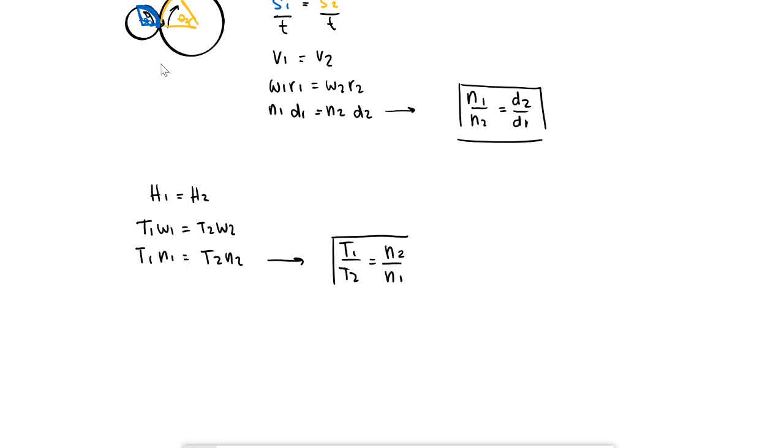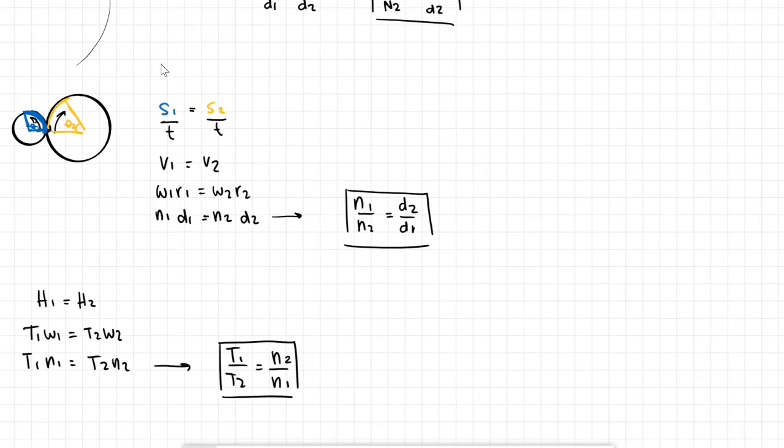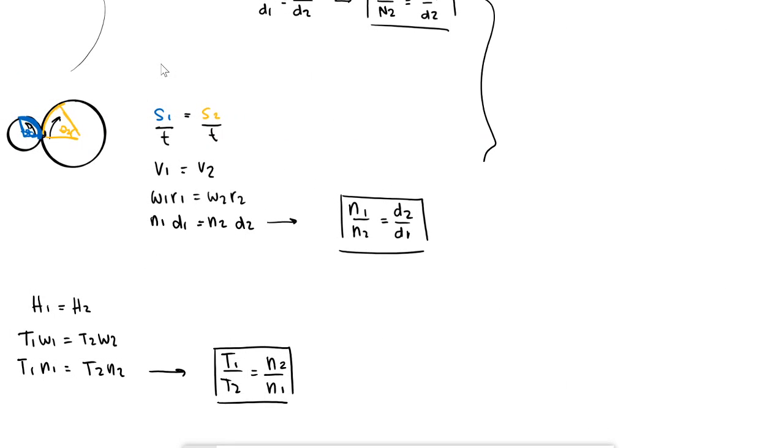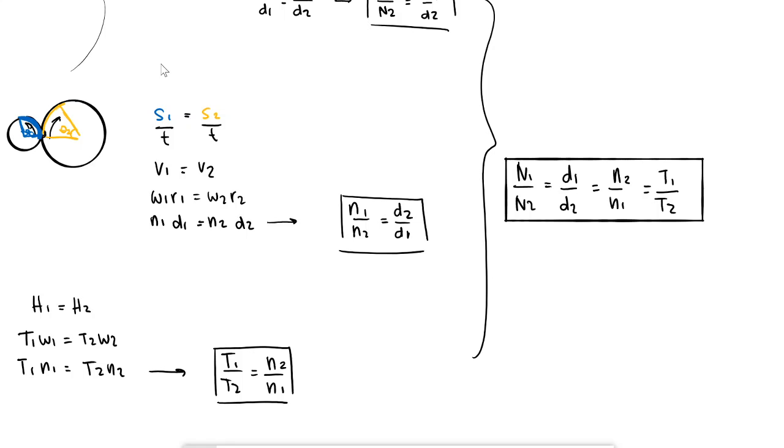And we can put all of these three relationships together. So n1 over n2 is equal to d1 over d2, which is equal to n2 over n1, which is equal to t1 over t2. And this is basically all we need.